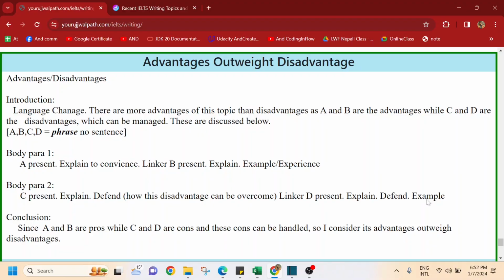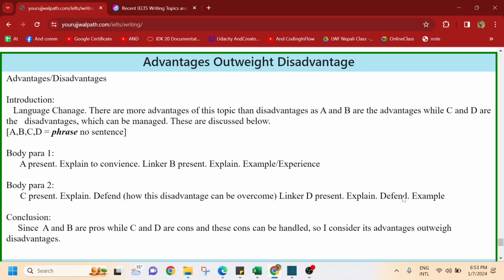This example convinces the defending kind of thing. So you have to show that this disadvantage can be managed. The ultimate goal of this paragraph would be to highlight that this disadvantage is there, but it's no longer effective if certain measures are taken.